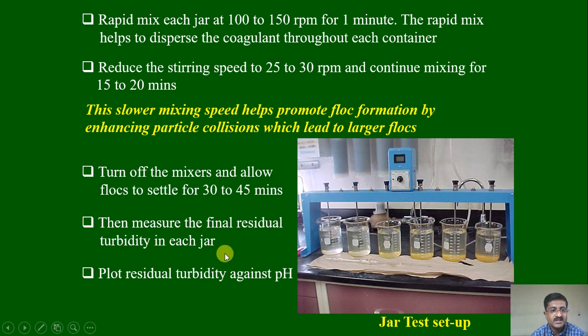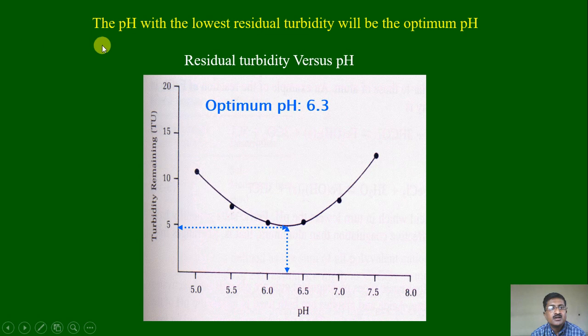Then measure the final residual turbidity in each jar and plot the residual turbidity against pH. You can see the settled particles are there. The pH with the lowest residual turbidity will be the optimum pH. If you plot the graph of residual turbidity versus pH, this will be the optimum.